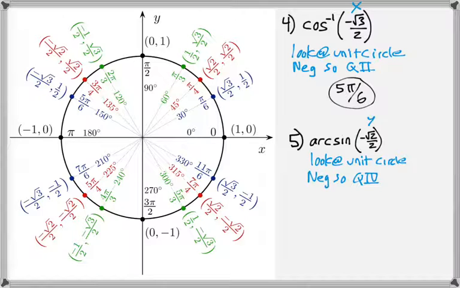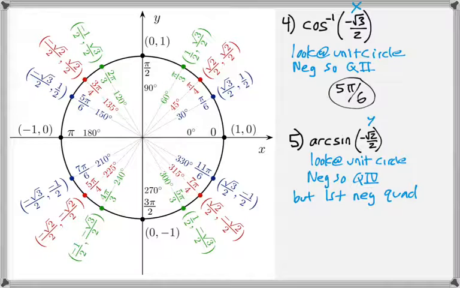However, inverse sine is in quadrant 1 if it's positive, and quadrant 4 if it's negative. But quadrant 4, it's not really the traditional quadrant 4. It's actually kind of easier to think about it as the first negative quadrant.